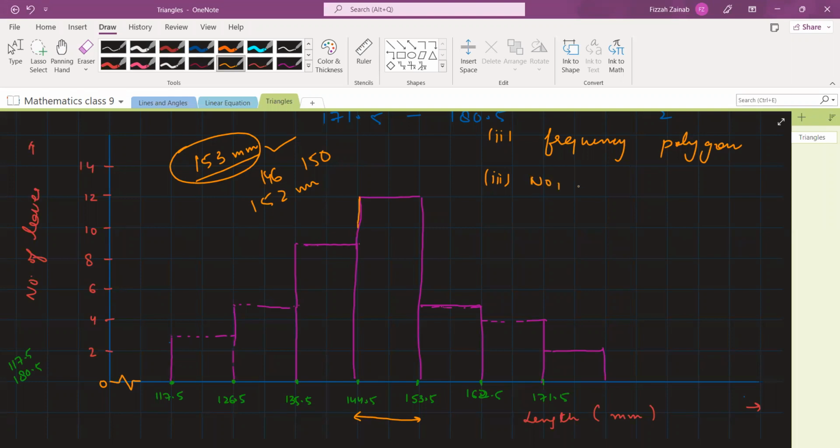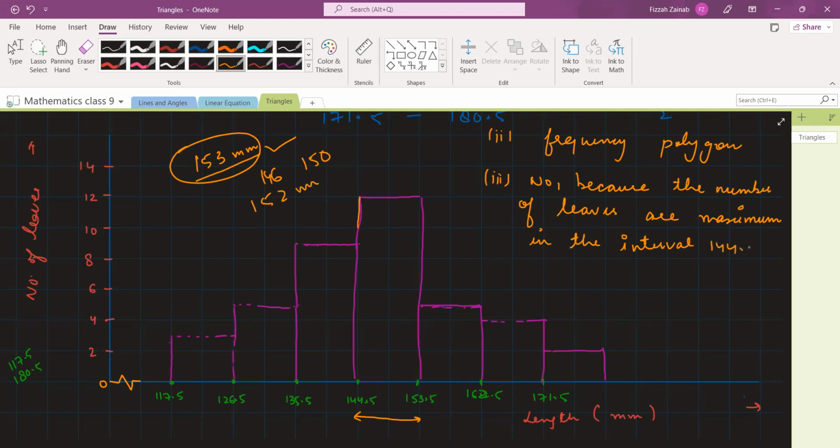Yes, ma'am. Okay, so no, because the number of leaves is maximum in the interval 144.5 to 153.5, right?